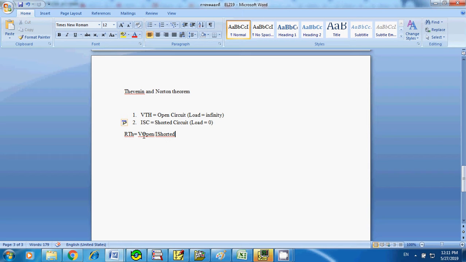That's going to be equal to V open divided by I short, where I short is the current from the short circuit, or your load is equal to 0. Okay, so you have only two options: open circuit and shorted circuit.